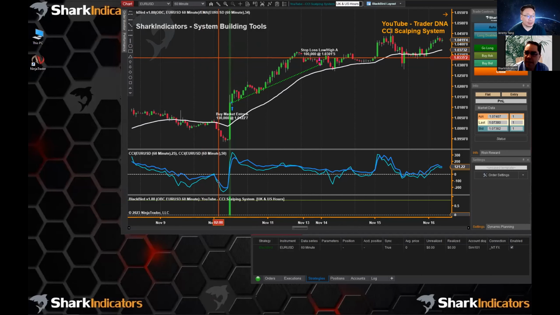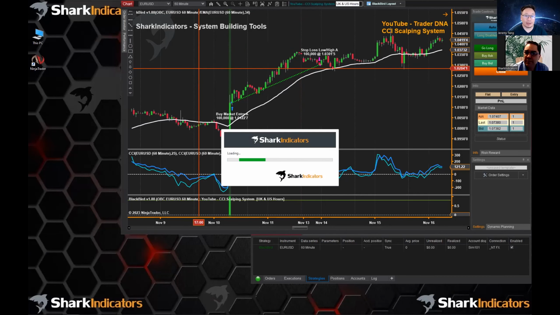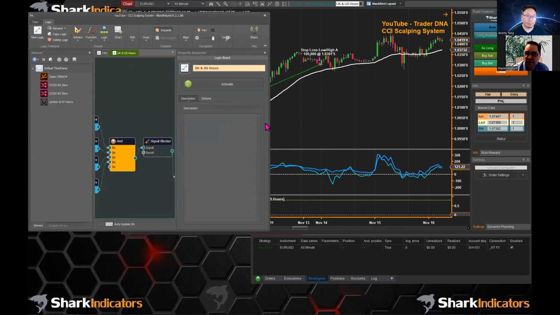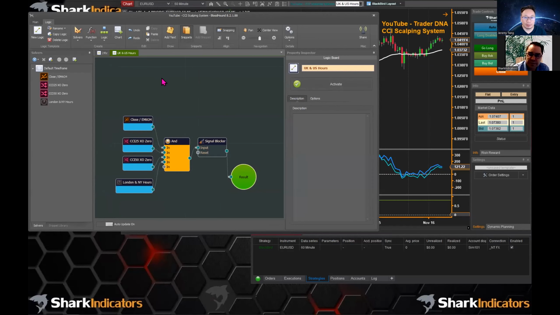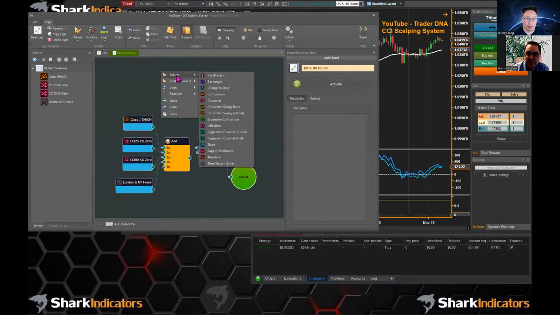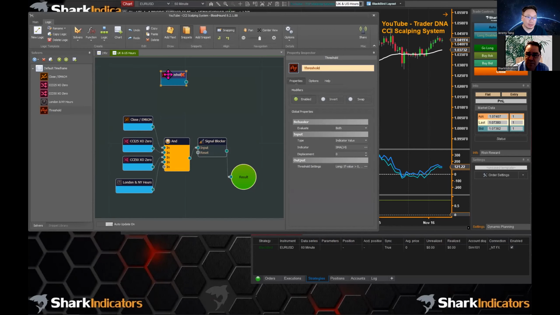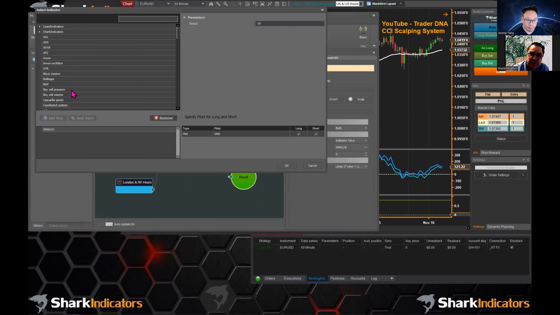Most indicators will spit out a data series, or a plot, and that's how NinjaTrader passes information on to other indicators. As long as those indicators do that, which is the vast majority of them, you can read them in.